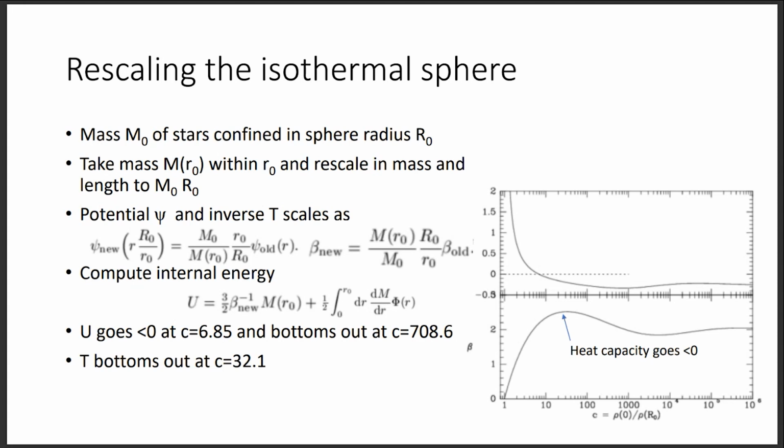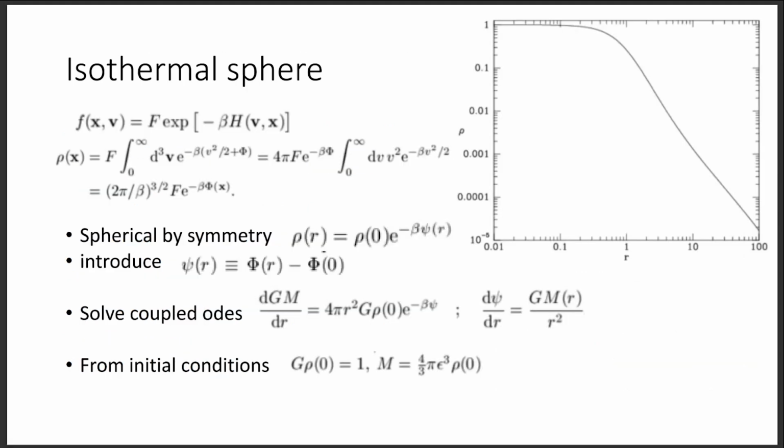Now, from this one solution, we can make a whole zoo of slow dynamical models using the scaling that I mentioned earlier. So if you take the model up to here, this small radius, and rescale it so that this small radius becomes some standard radius, we'll call it R0.